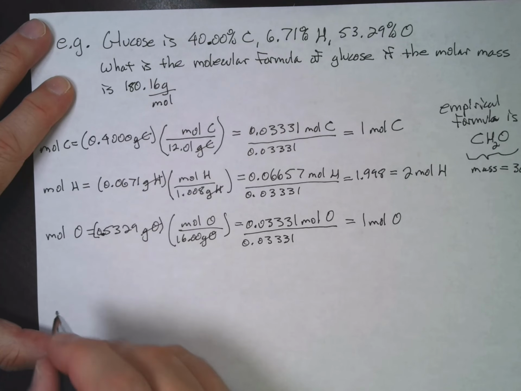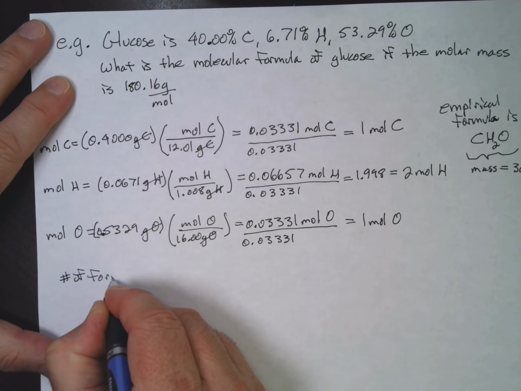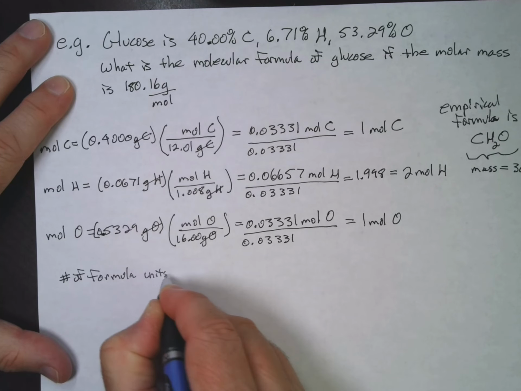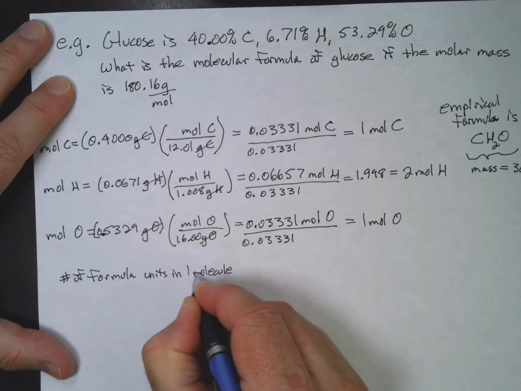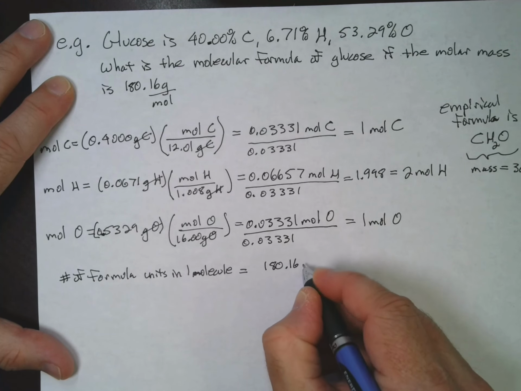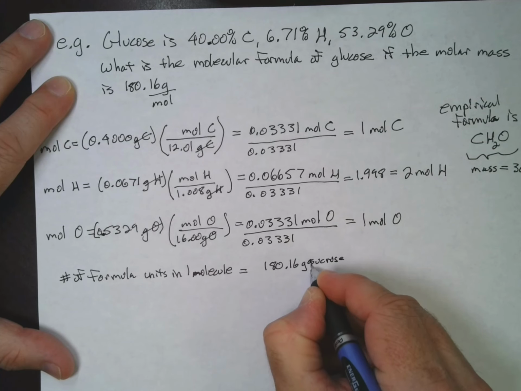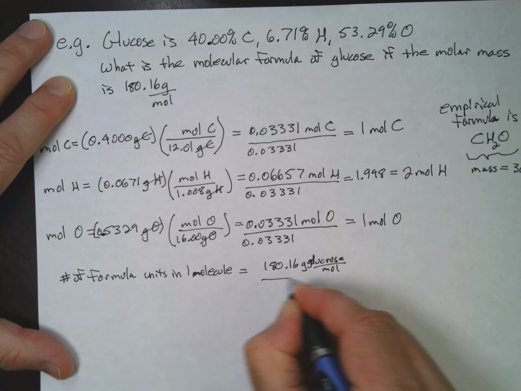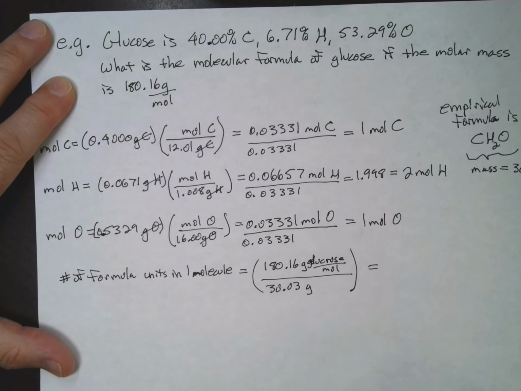So now our number of formula units in one molecule equals 180.16 grams glucose per mole, divided by 30.03 grams, and we end up with a number that's approximately 6.